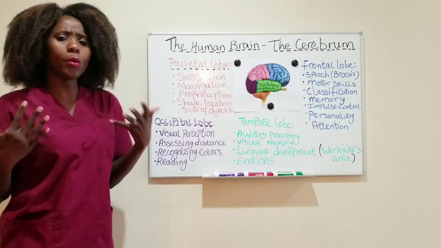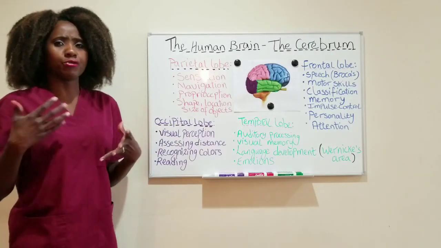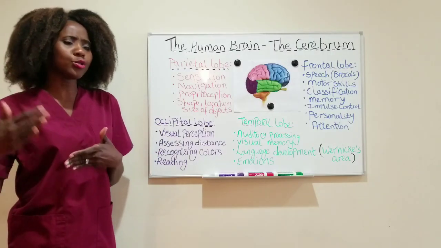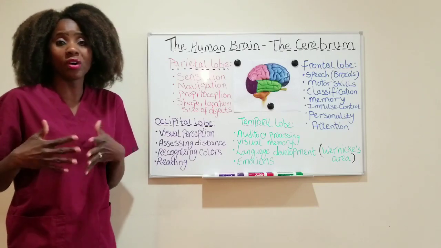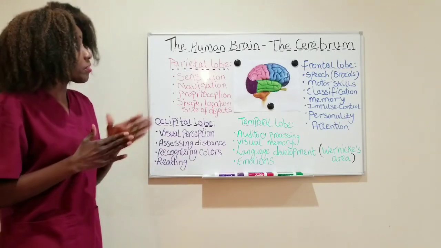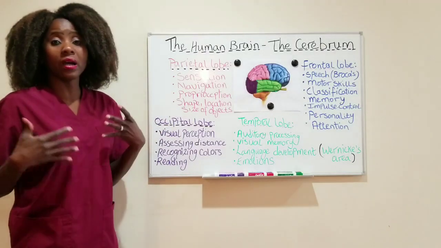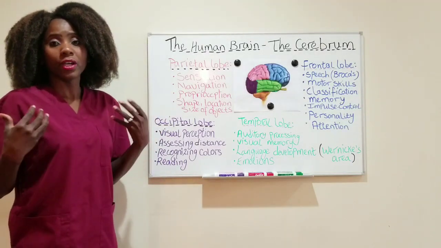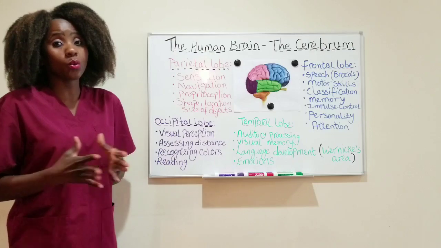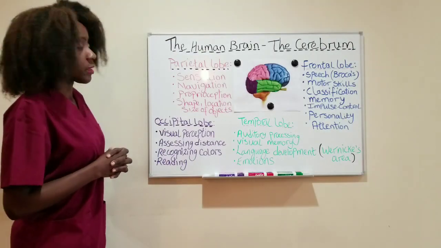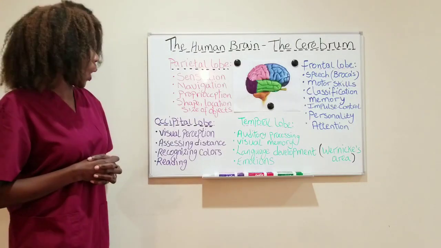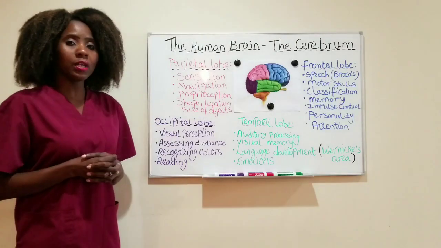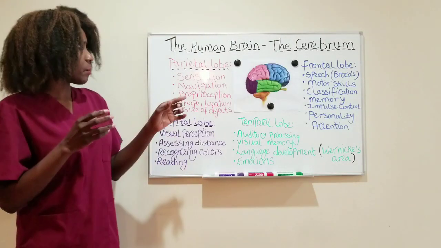You know, when we speak about motivation, we're referring to that drive that propels you to work towards a certain goal or to work towards your achievements. So the frontal lobe is responsible for that aspect of your life where you are motivated to work towards certain goals.